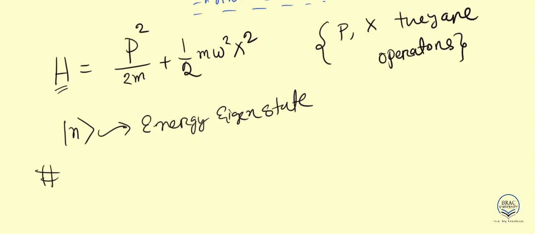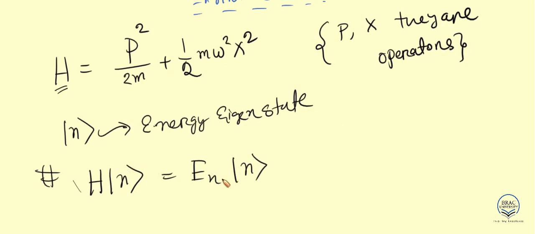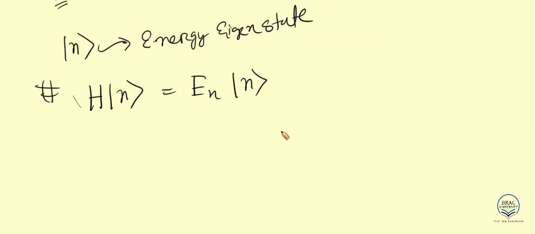So the eigenvalue problem will be that we have our operator H, we have our vector n, an energy eigenstate. It should spit out the energy for that level. This n refers to some level, that is some energy, and it will leave the vector as it is. This is the abstract thing.